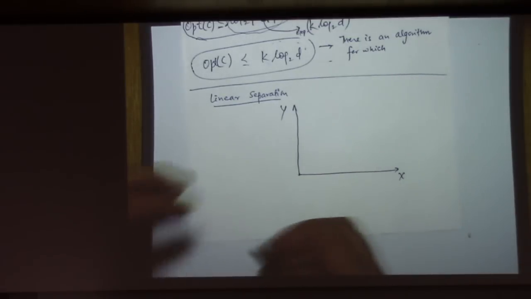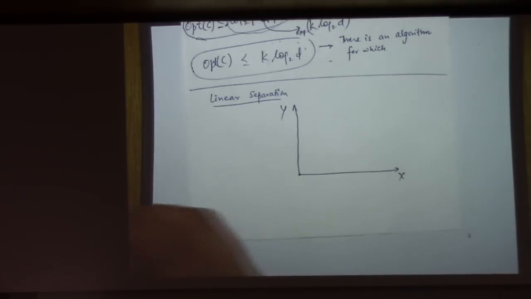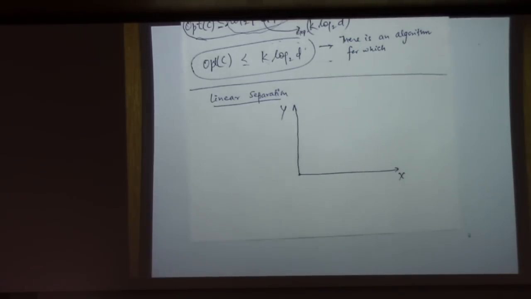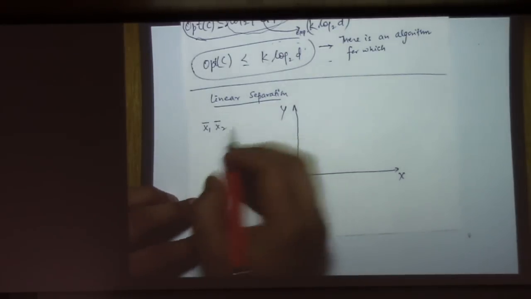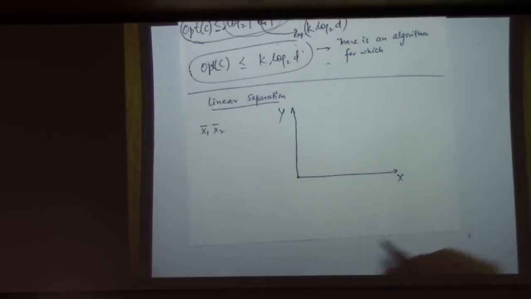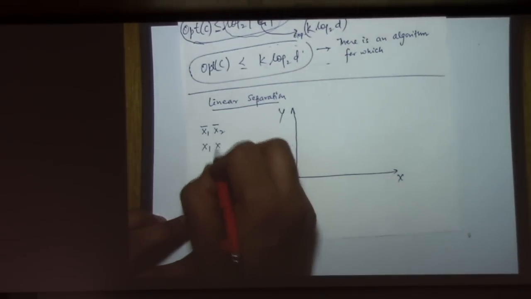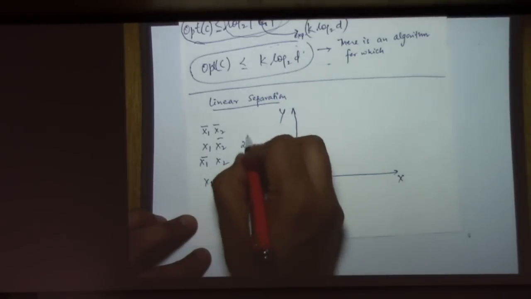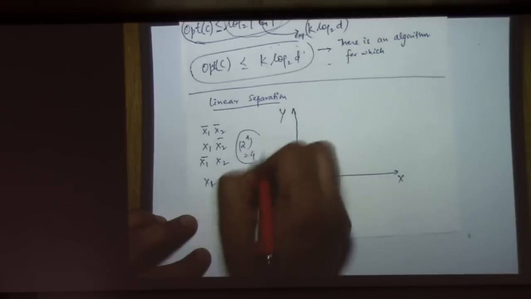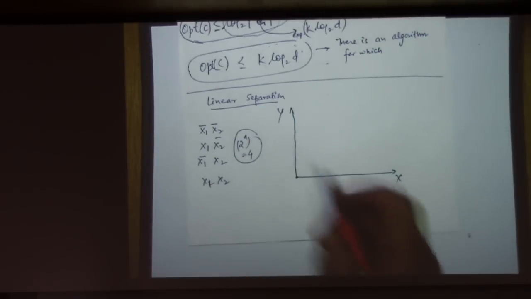Now, since these are all binary data points, if it's a 2-dimensional space, you can have 4 data points. One where both of them are not 1, one where one of them is 1, and the other one is 1, and so on. So you can have 2 to the power d, equal to 4, data points, and you can put them in this space.